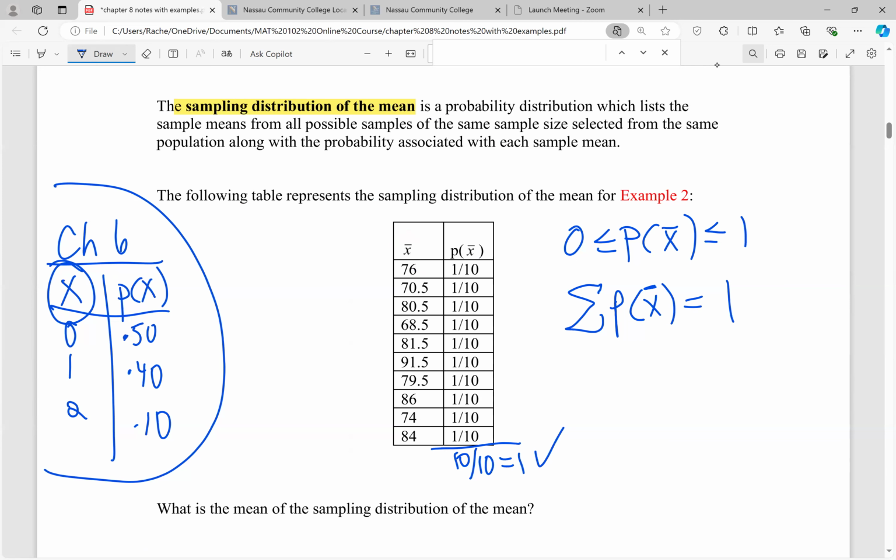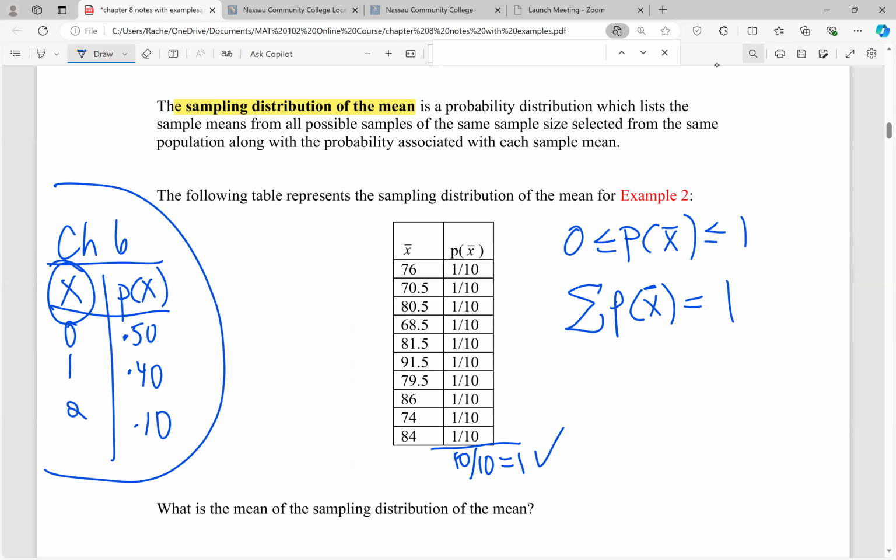So if we were to take all the sample means that are possible from all the different groups of size n, which was 2 in this case, and list all their respective probabilities, that's called a sampling distribution. And you're going to see later on in the chapter why these are important. Like why would we ever have to even discuss the sampling distribution of the mean? So we'll get there.